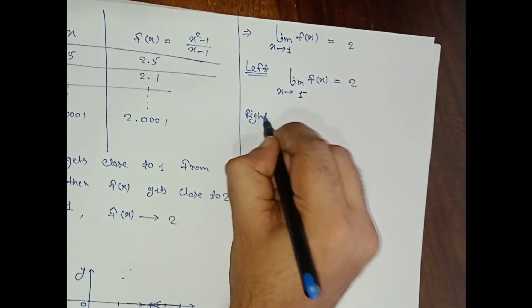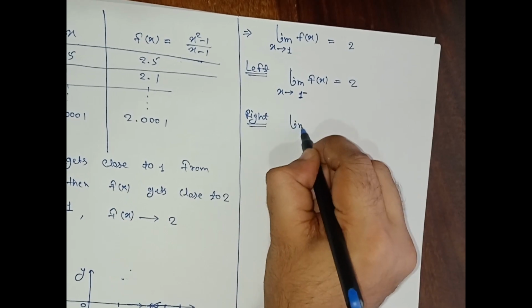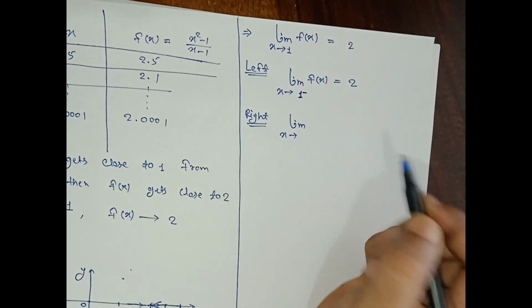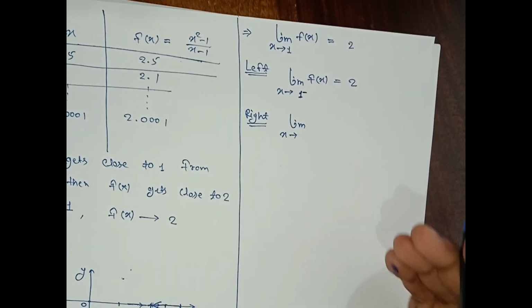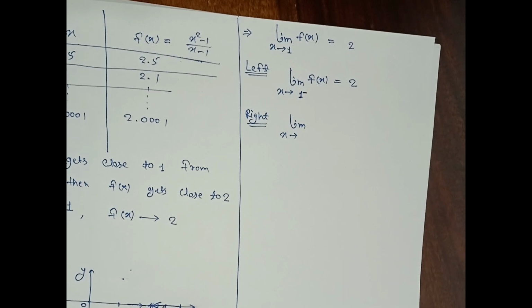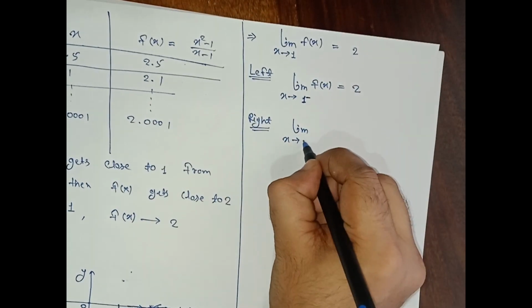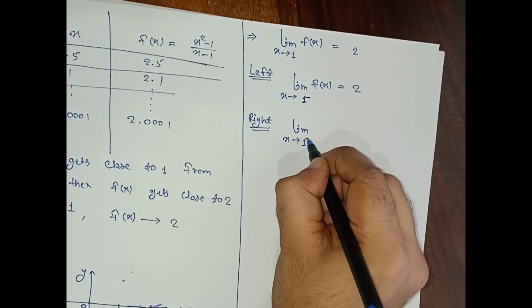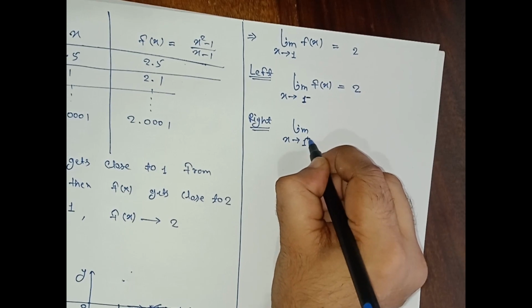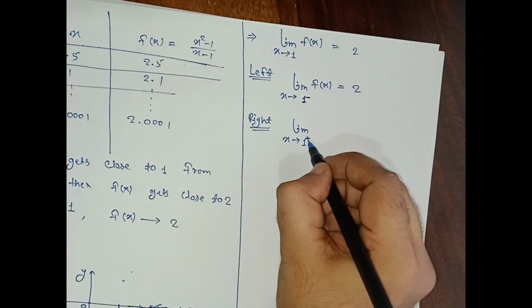And from right, when the value of x gets closer and closer to 1 from right, the value of x is just very slightly greater than 1. We generally use 1 plus, this sign, as we are going from right.